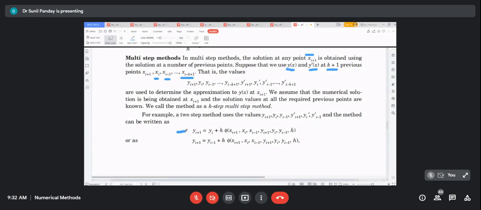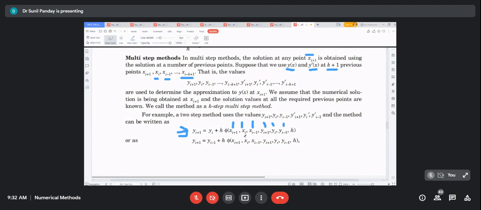You can see here, like we are calculating yi plus 1, and here we require the evaluation of xi plus 1, xi also, xi minus 1 also, and yi plus 1, yi and yi minus 1.